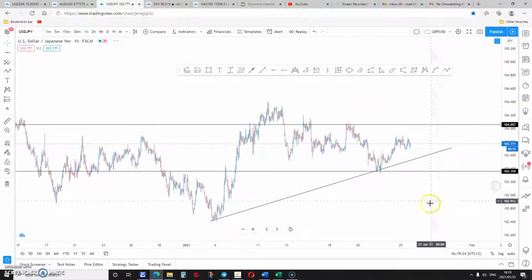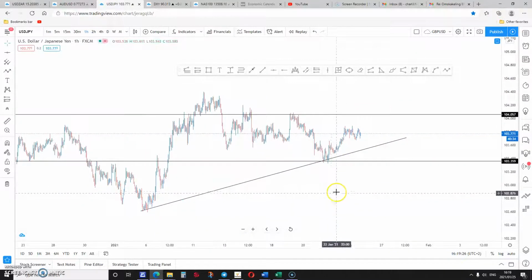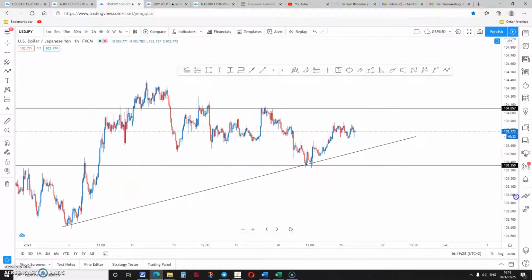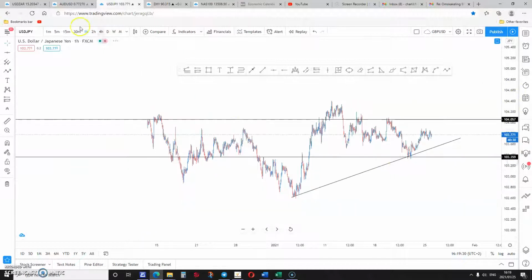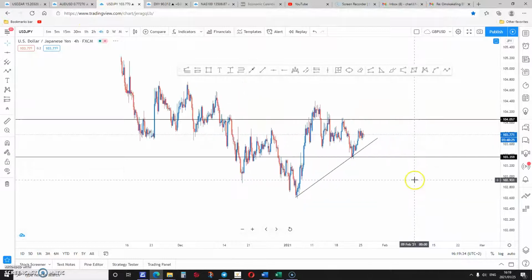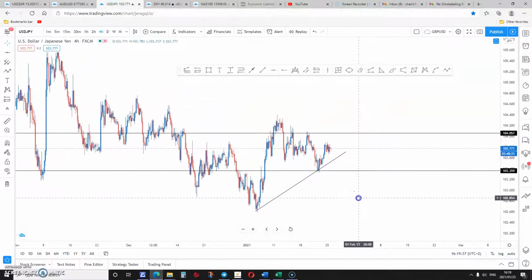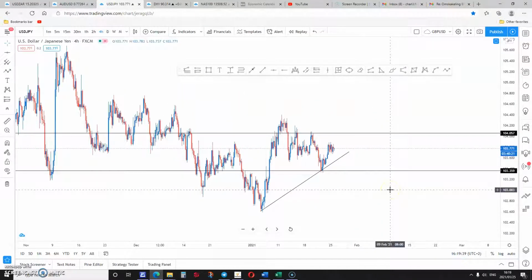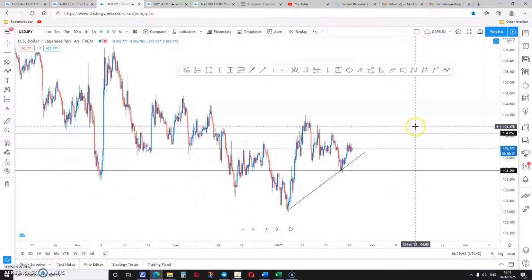Keeping in mind on your higher time frame what your overall trend is, because the market will always go back to either the previous low or the previous high.